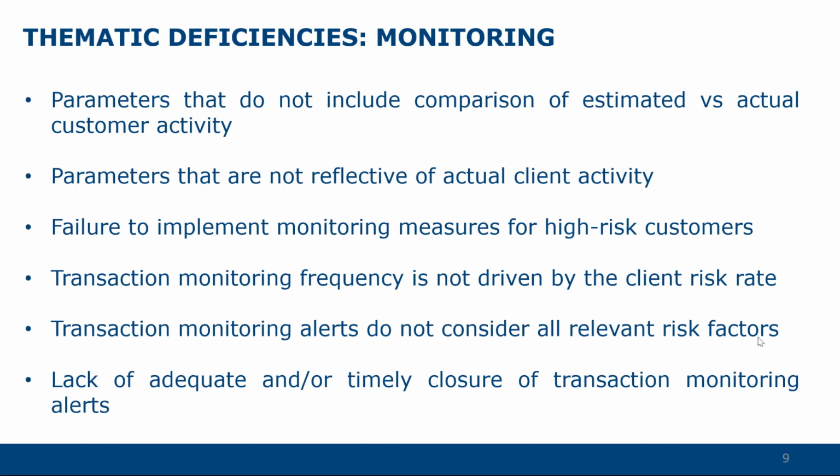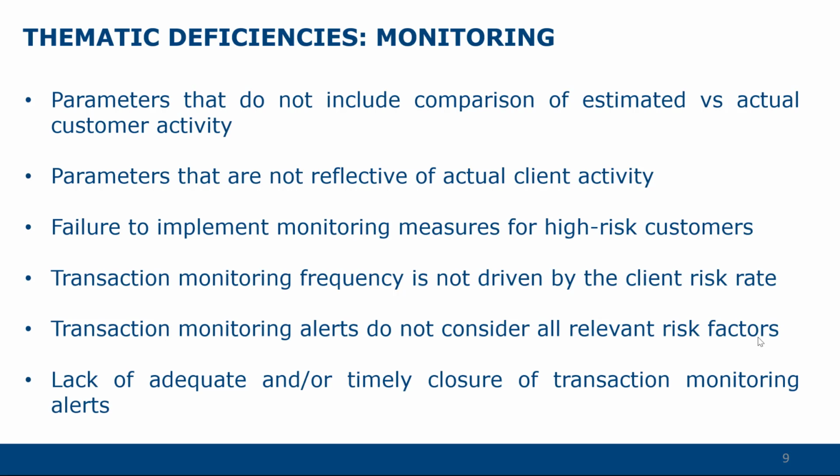Another common deficiency is monitoring parameters which are not reflective of the actual client activity. For instance, we have noted cases where transaction monitoring systems are set to flag or to raise alerts for customers who exceed, let's say, 30 transactions in a month. However, when we review the bank's actual customer activity, we note that there is no customer who's ever exceeded 15 transactions in a month.